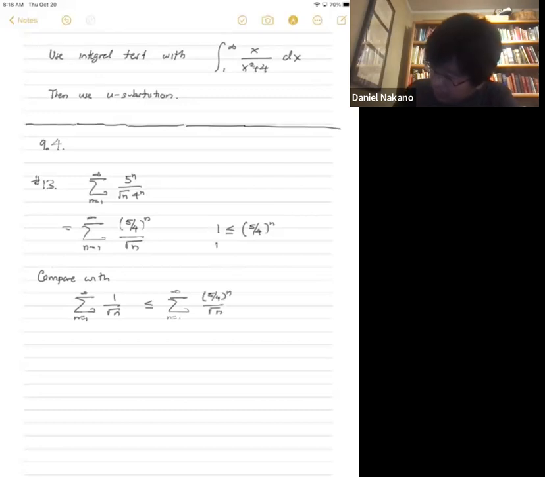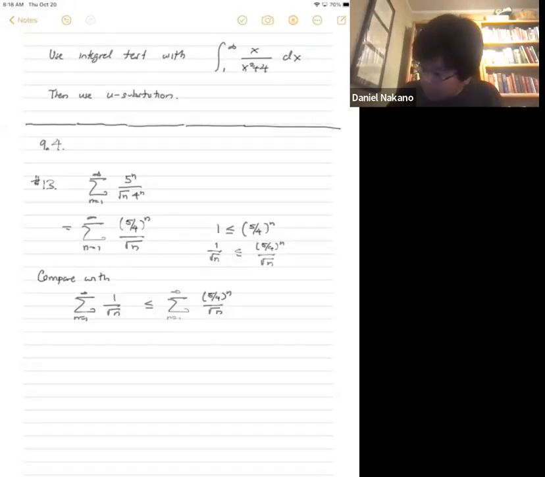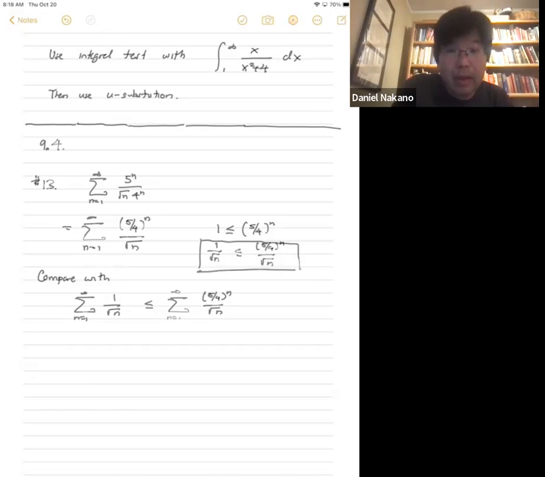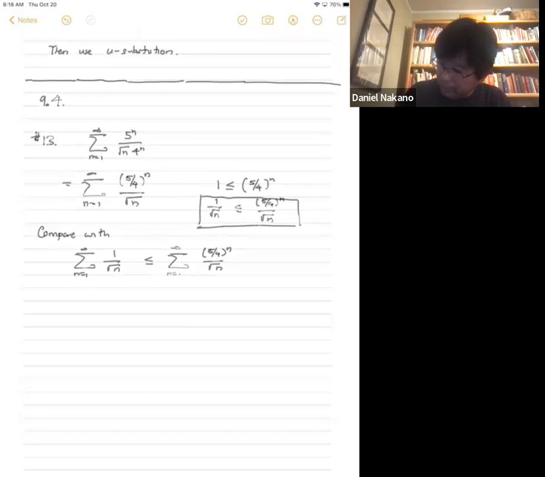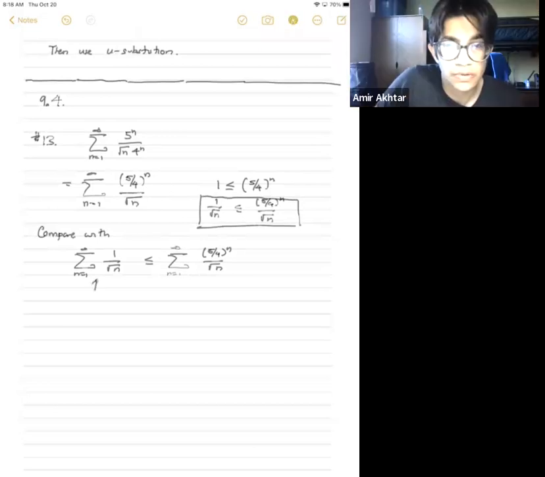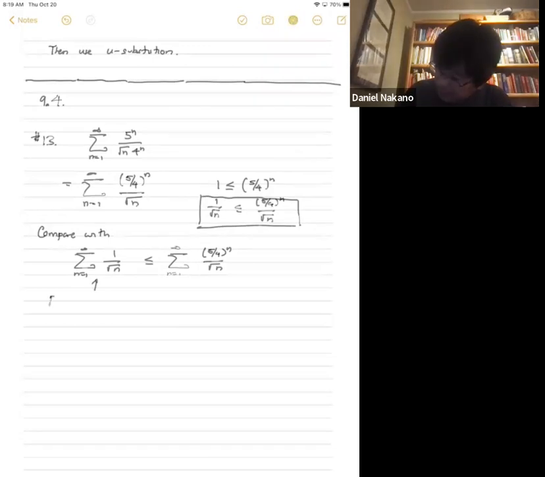So in particular, 1 over the square root of n is less than or equal to 5/4 to the n over the square root of n. So we have this over here, and then we have this kind of thing. And what do we know about this series down below here? It's a p-test. P-test. Good. And what can you say via the p-test?